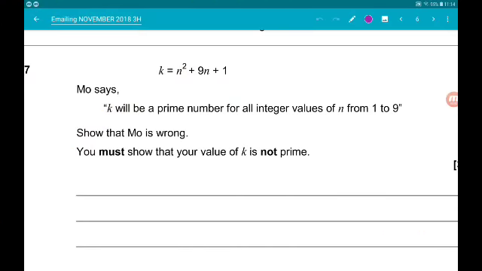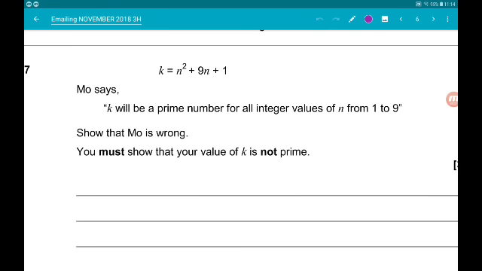Okay, question 7. K is n squared add 9n add 1. Mo says K will be a prime number for all integer values of n from 1 to 9. So integer means whole number. We want to show that Mo is wrong, we must show that our value of k is not prime.